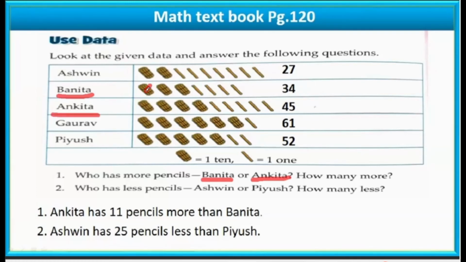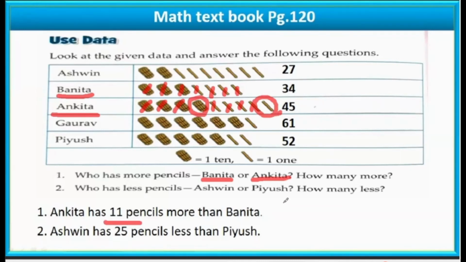Now let's see by striking out. Banita is having 34 pencils, so you will take 34 pencils from Ankita also. 3 bundles and 4 ones.